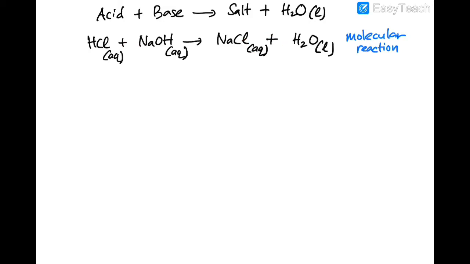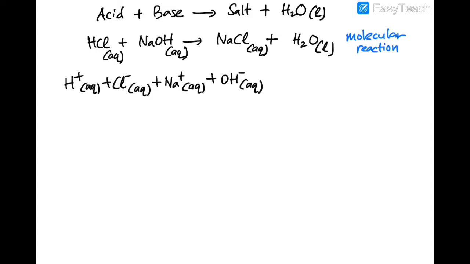Now actually, because strong acid, strong base, and salt all dissociate completely in water, we can also write down what actually happens in the system, which is that HCl dissociates into H plus Cl minus, and NaOH dissociates into Na plus OH minus, and NaCl dissociates into Na plus Cl minus, while the H2O, because it's water, a covalently bonded molecule in liquid form, will not dissociate.